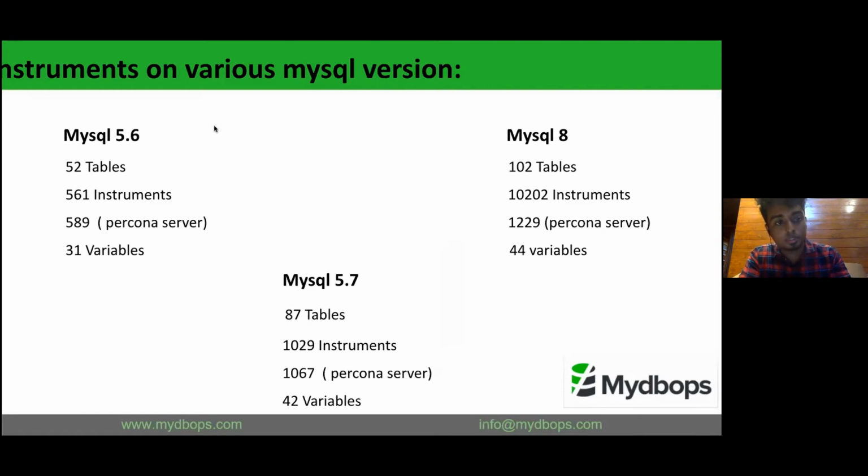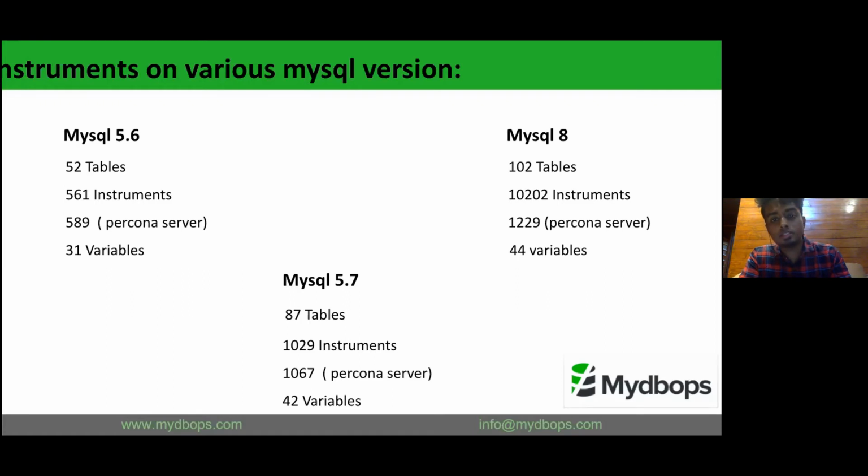These hold major roles. As I said earlier, there are 52 tables in MySQL 5.6, and 561 instruments, 589 in Percona Server, and 31 MySQL data variables to get the instruments.